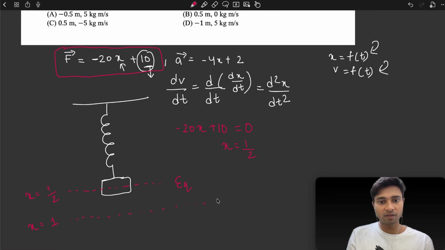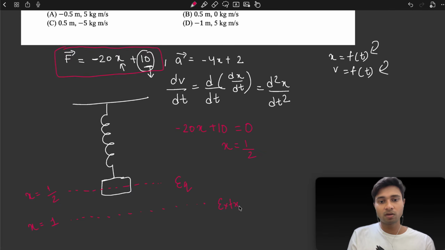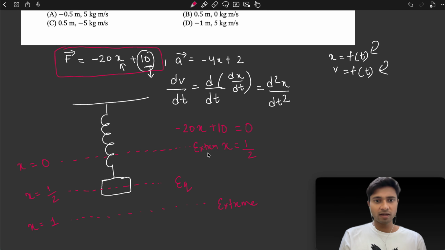So this is one of the extreme positions of the SHM. What will be the other extreme? This is 0.5, this is 1, so the other extreme will be 0, right? x equals 0 will be the other extreme. Fine, now we are happy.